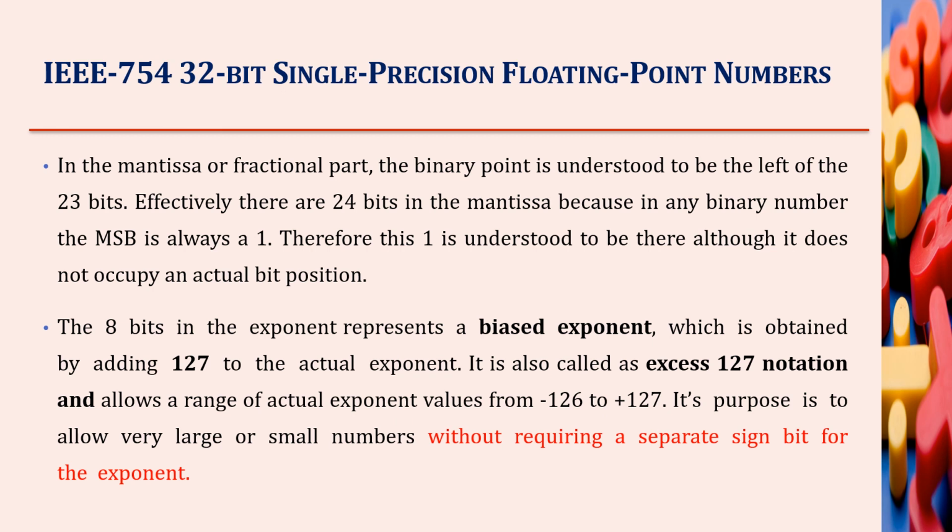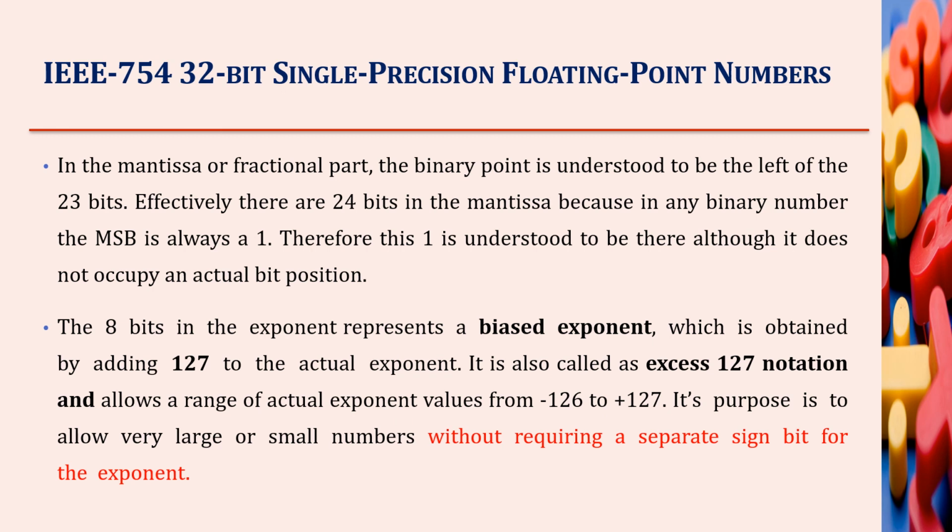In this mantissa part, the binary point is understood to be to the left of the 23 bits. Though we have only 23 bits, effectively there are 24 bits in the mantissa, because in any binary floating point number, there is a leading 1 bit before the binary point.